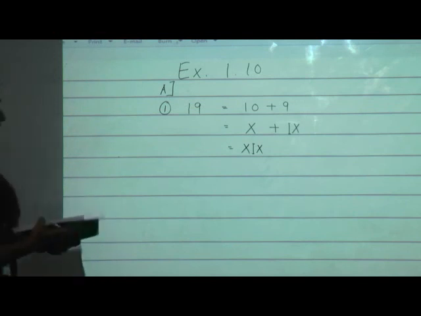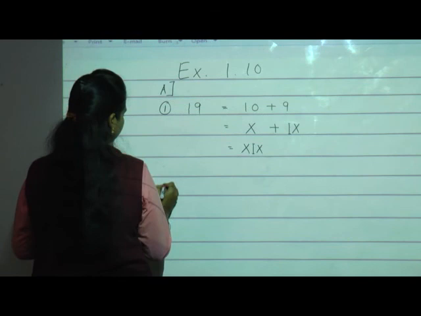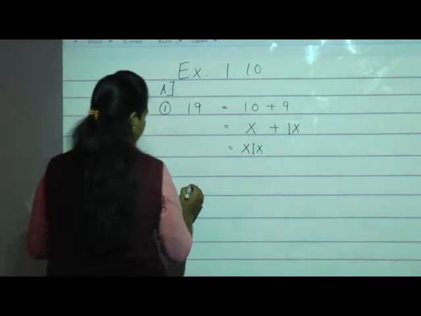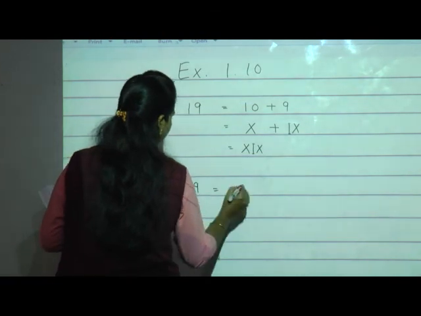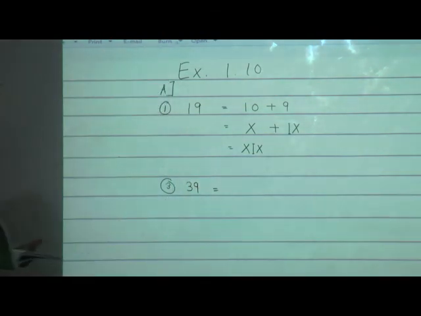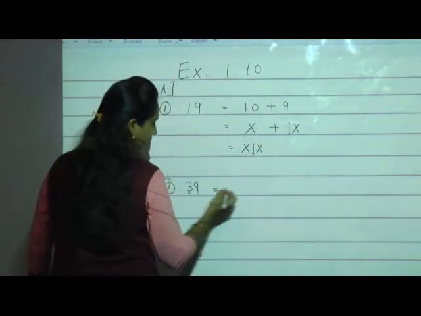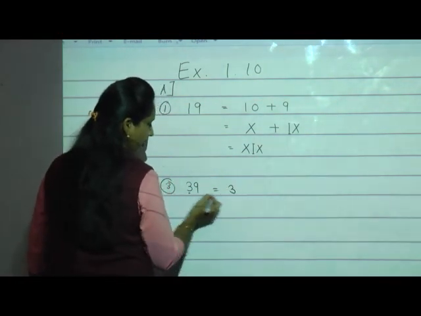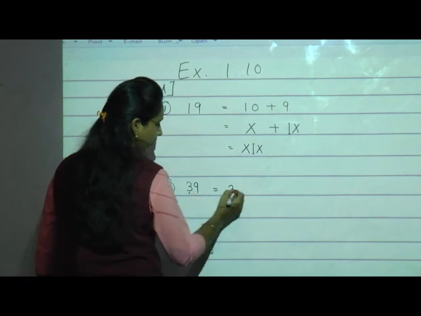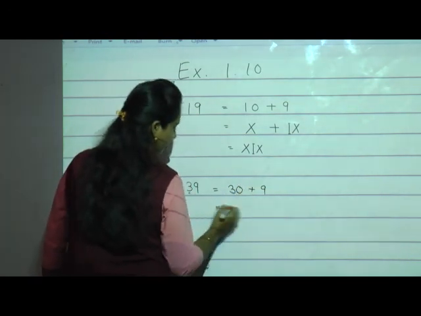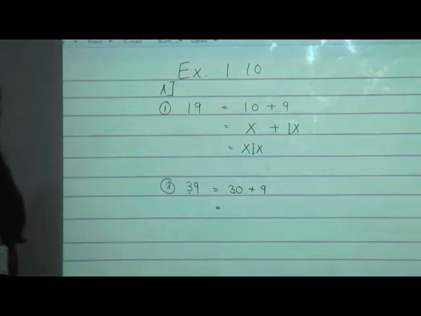Now we will take the third one. What is the third question? 39. Now we have to expand 39 first. How can we expand? Write the first digit as it is. How many digits are remaining? One digit. So write 0 and the remaining 9 as it is. Now how do we write 30 in Roman?